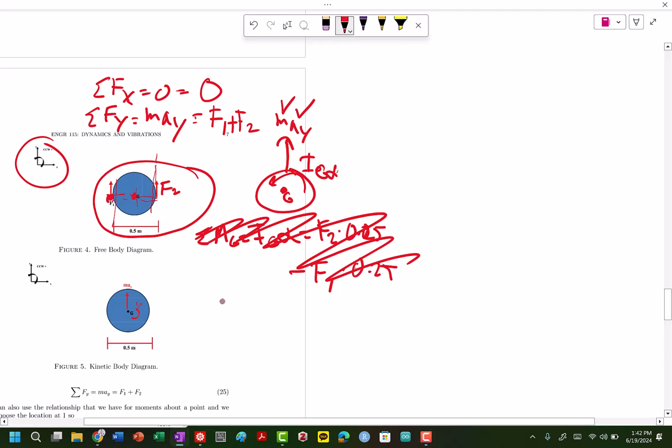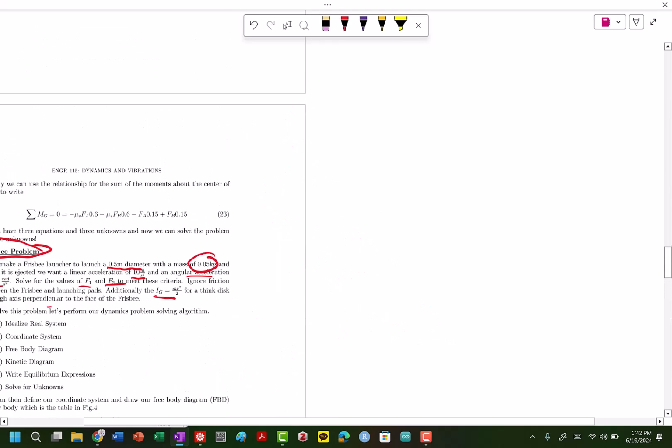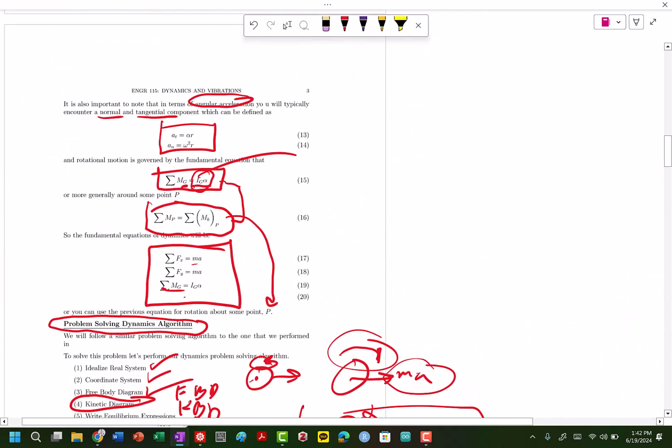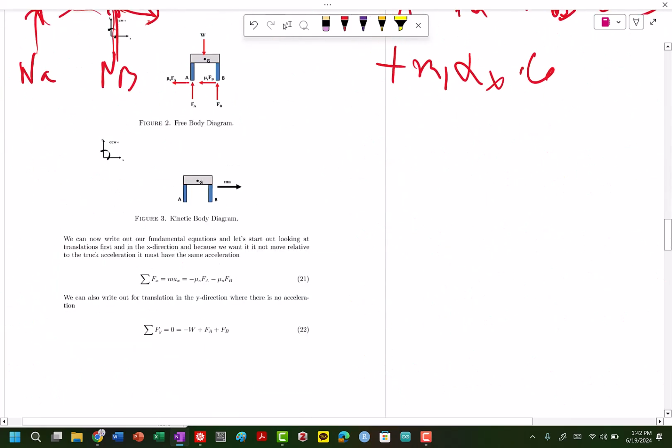The sum of the moments around point 1 is going to be equal to the sum of the kinetic moments about point 1. That is the definition we defined previously, our kinetic moments about point P. So it's the sum of the moments from the forces, and the sum of the moments from the kinetic actions of our body.